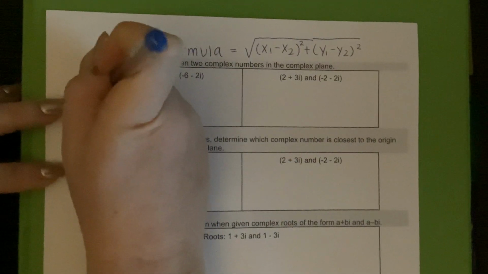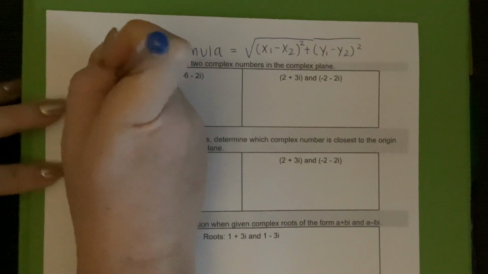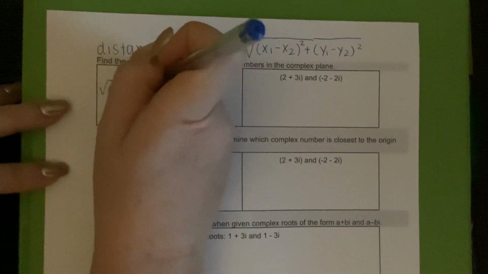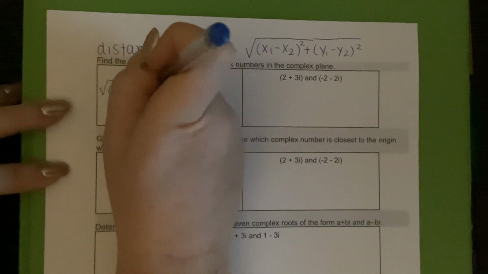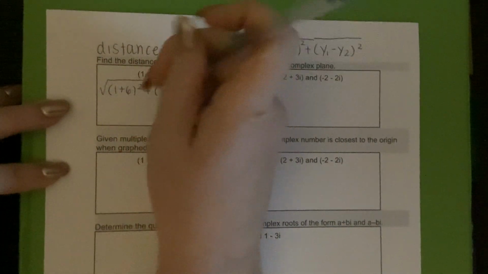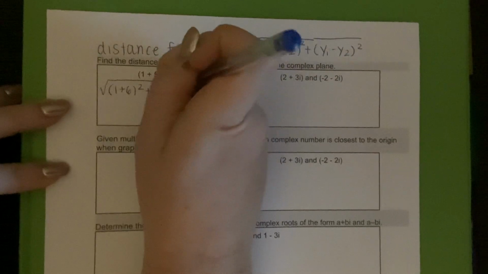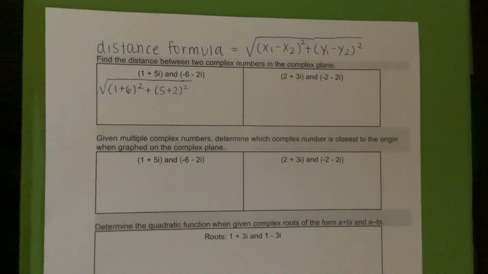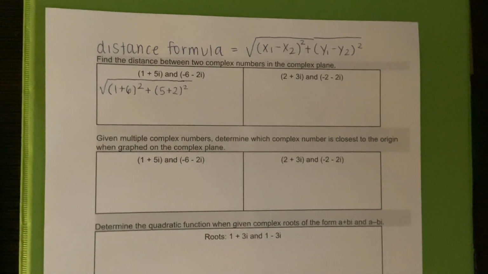So if I was going to write this one all out, I would say 1 minus negative 6 is going to be 1 plus 6 squared, plus 5 minus negative 2 is going to be 5 plus 2 squared. Then just multiplying it out and seeing if you can break it down.